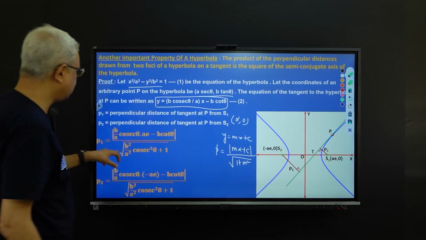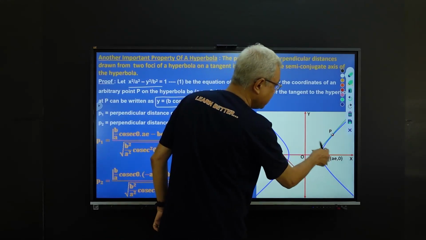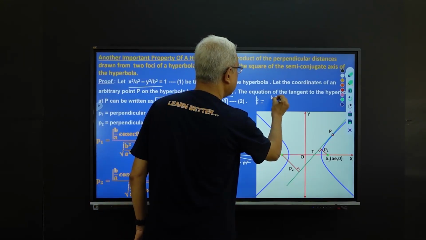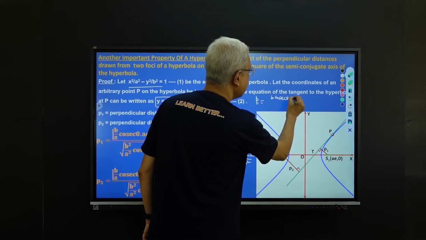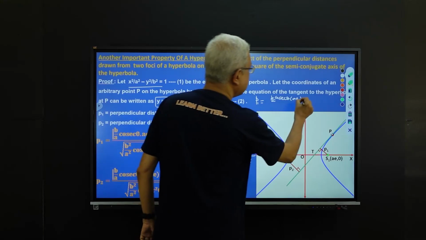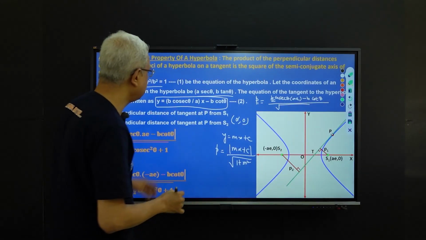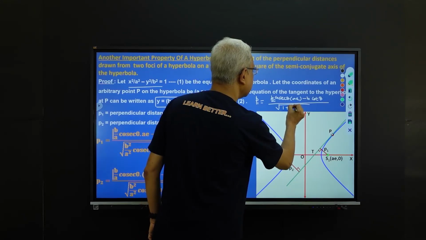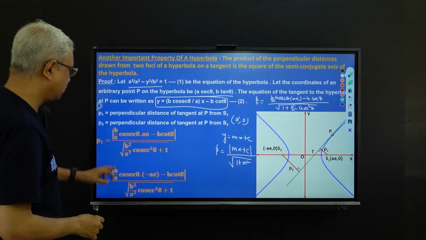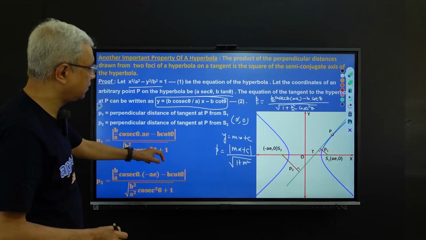So P1, the perpendicular distance dropped from A, 0 on this straight line, is b by a cosec theta into a minus b cot theta, divided by root over 1 plus b square by a square cosec square theta. Simple application of this.